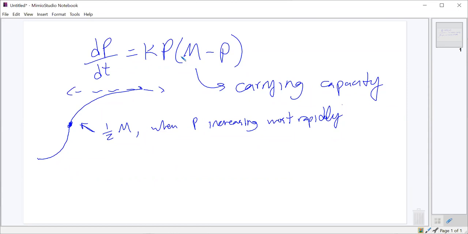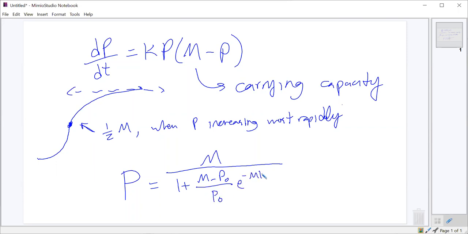But the good thing to know is this logistic growth solution, and you want to know this, and it's on the sheet also. I believe if it's not on the sheet, then you've got to let me know. The logistic growth equation is always solved into P equals carrying capacity divided by 1 plus (M minus the initial population) divided by the initial population times e to the negative M k t.